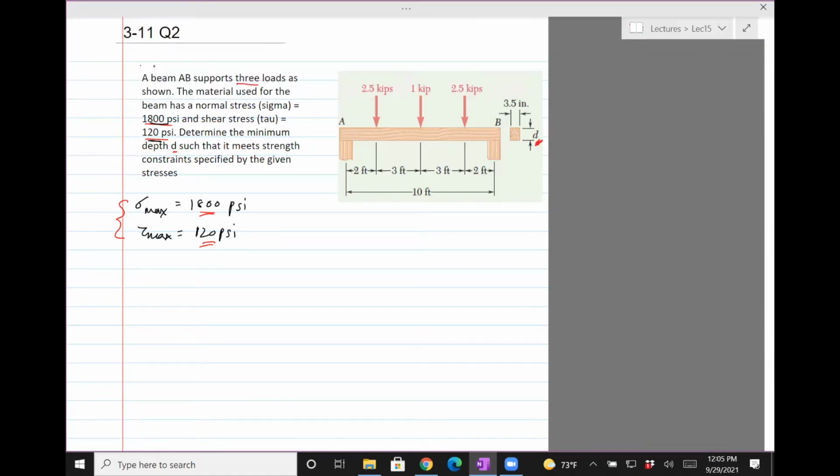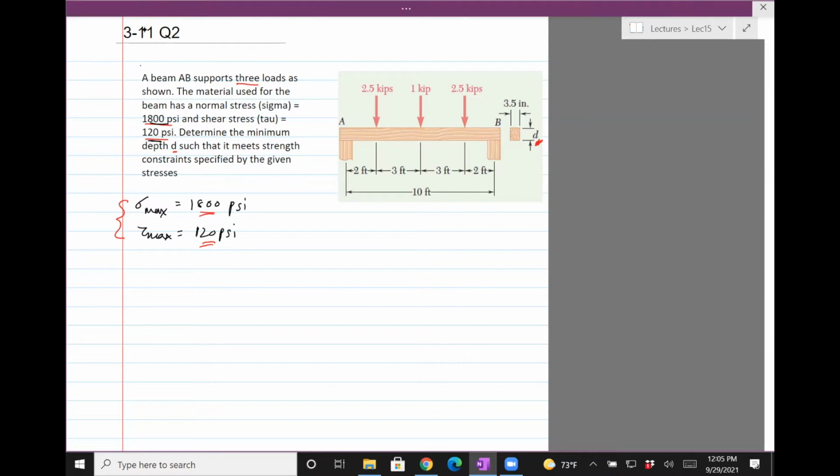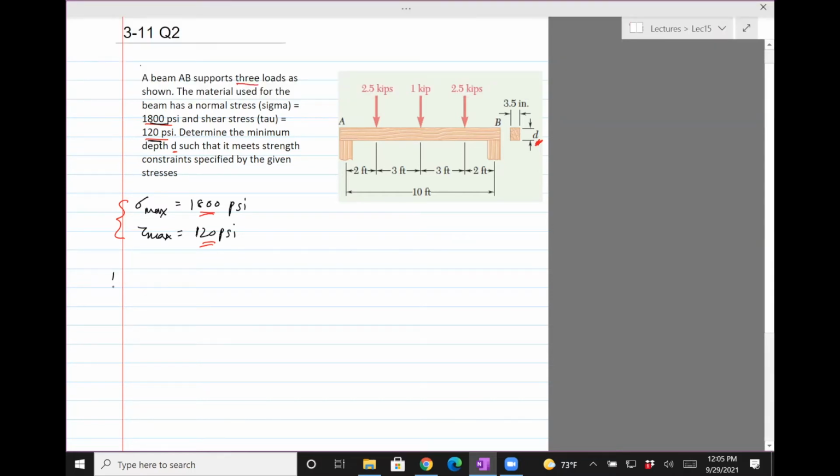But before we do that, one thing to remember is things fail when something reaches its maximum value. So in this beam, the first thing you need to do is find the maximum M and maximum V, because those M and V will figure in the formulas for sigma and tau. Okay, so this is what we're going to do.